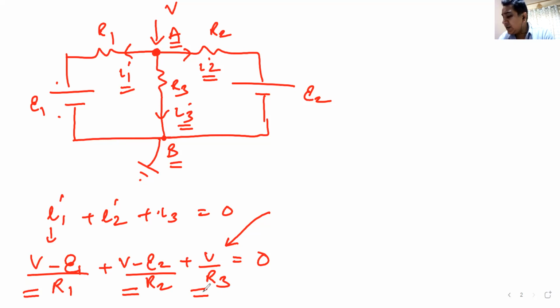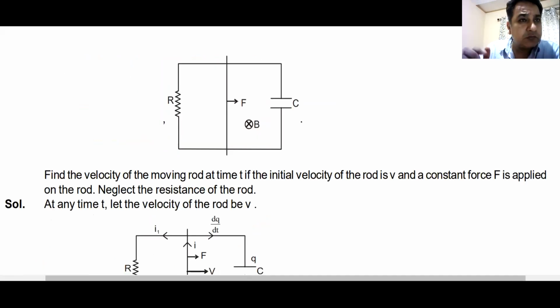We have also done this for capacitance. So you can do it by this method. I hope you can remember this. So once you convert the diagram into a circuit, it is a simple question of nodal theorem or Kirchhoff's law.